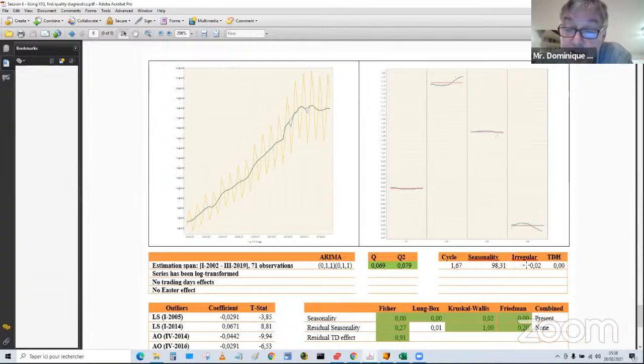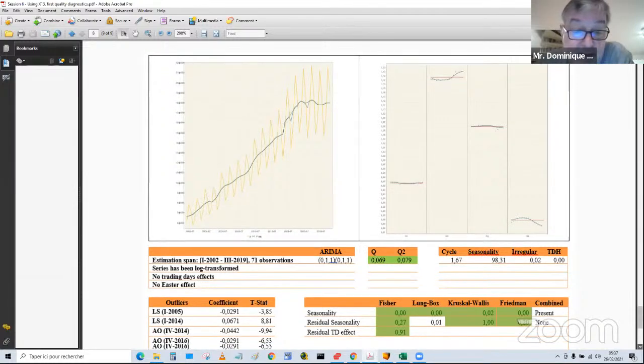The decomposition of variance: I can see that in this series, the seasonality explains 98% of the variance. The irregular is very small, no trading day effect, and a small cycle. So it makes sense to seasonally adjust the series, and that's it.